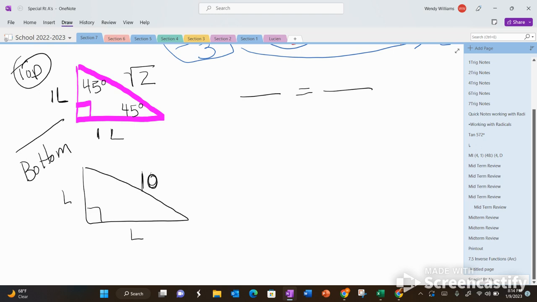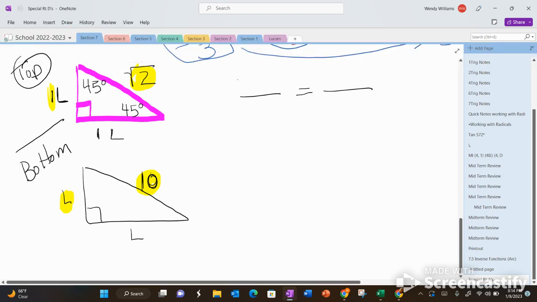Always start with what you know. Square root of 2 corresponds to 10. 1 is going to correspond to L. This is really a relationship of 1, 1, square root of 2.